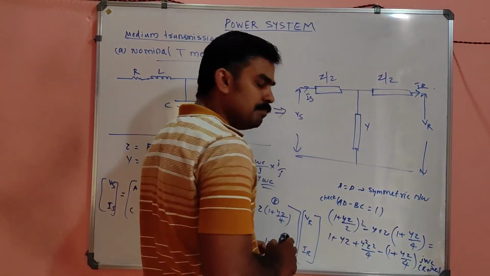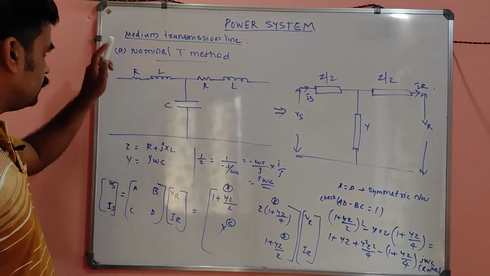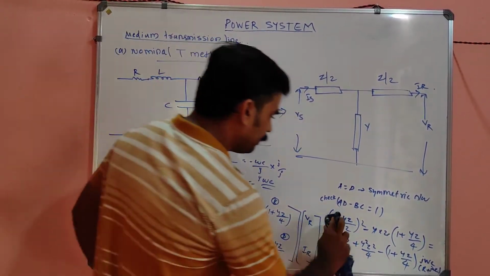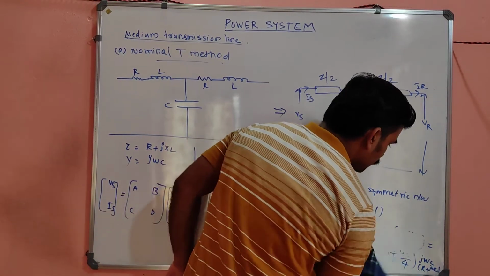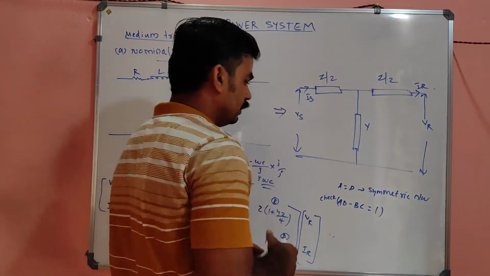That means AD minus BC equal to 1 for this nominal T method.